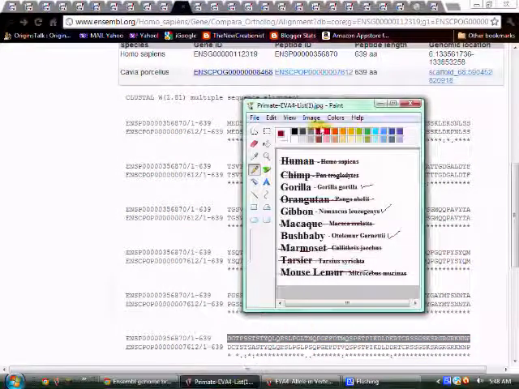Here's the list. So the possibility that it's a deletion in the line that led to humans and chimp, and it was conserved in gorilla. If that's true, then orangutan, macaque, marmoset, tarsier, and mouse lemur are in the line from the primate split from gorilla and the line that led to human and chimp.